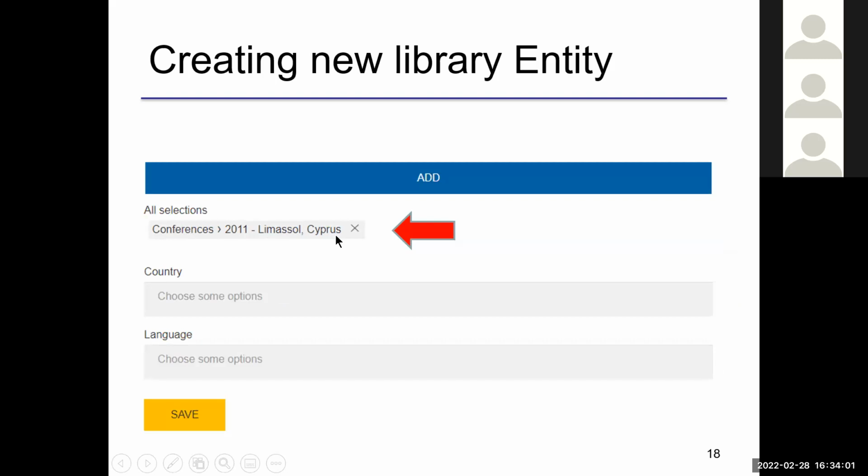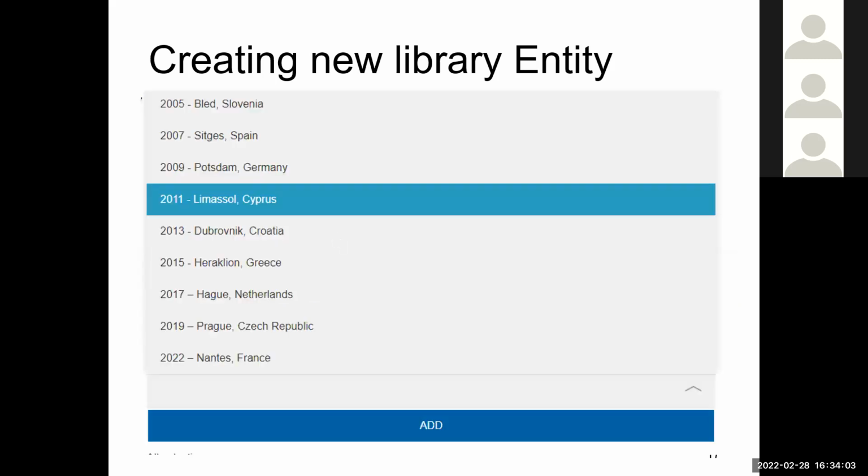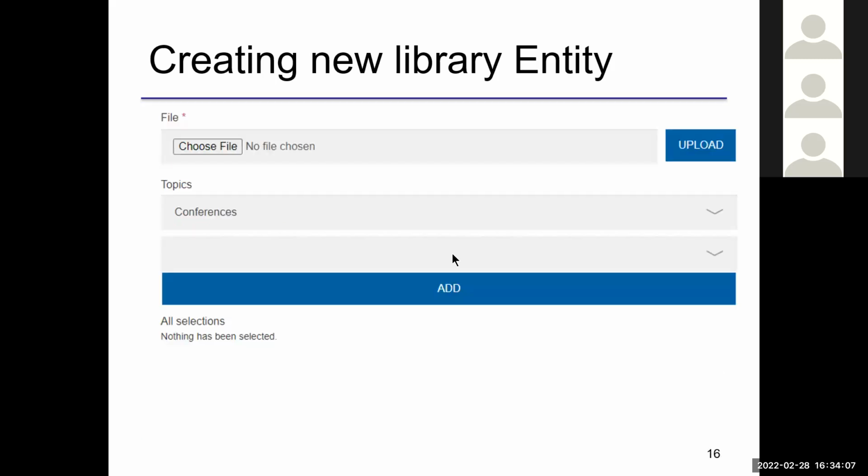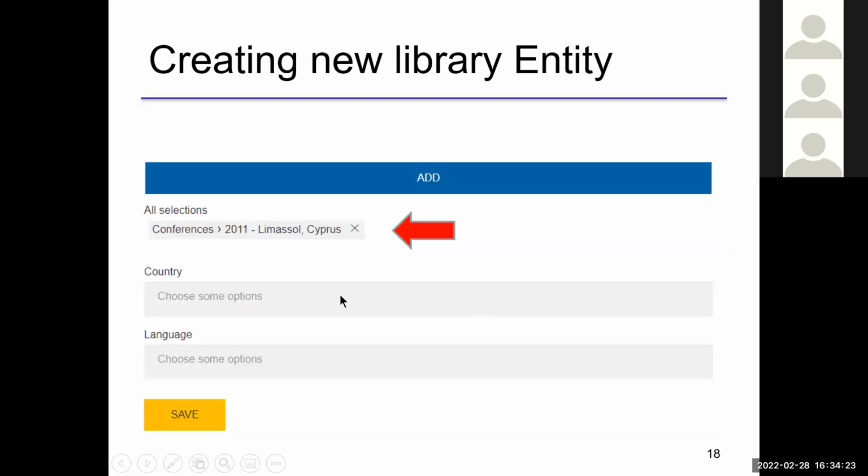And then, because it is a training, your item is related to training, you can add a new topic, which is, let's say, training for your access staff, add some subtopics if it is necessary, and once again press add, and then you will have two topics which describe your library item.